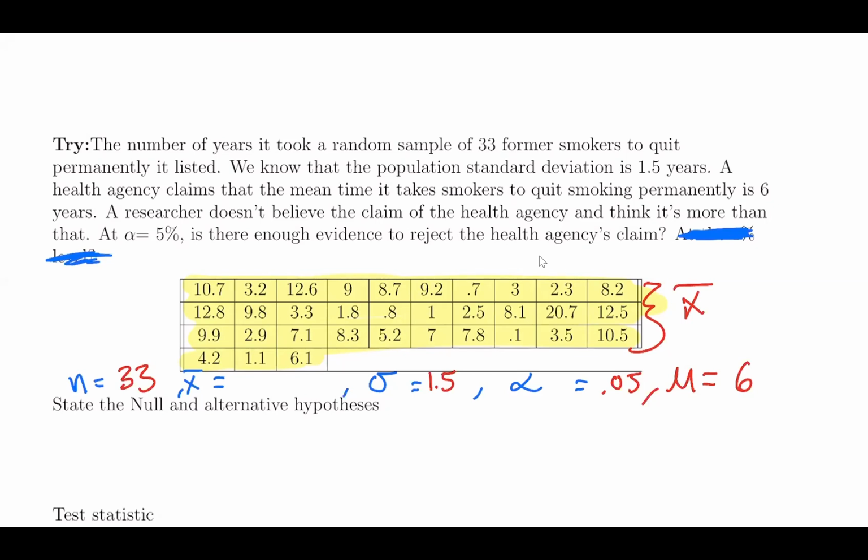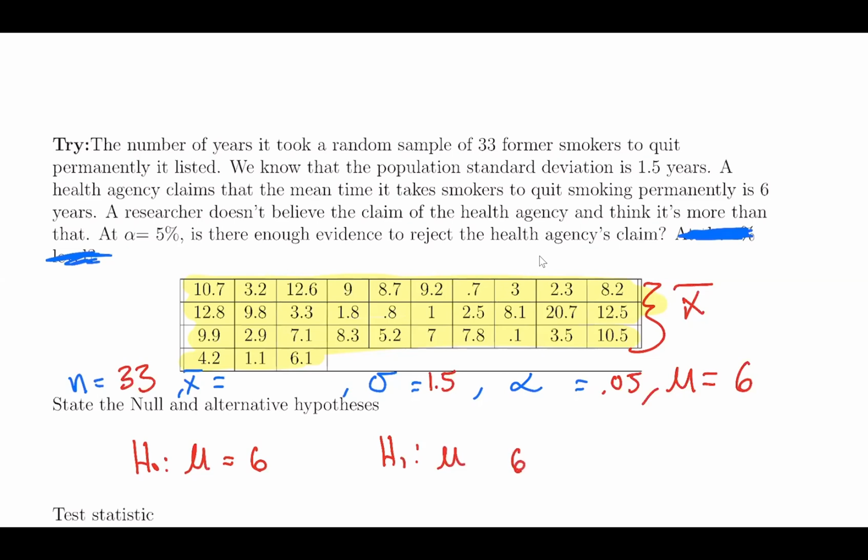All right. So let's do the null hypothesis and the alternate hypothesis. For the null hypothesis, we're going to say we believe their claim, that it takes on average 6 years to quit smoking. We're going to believe this program could help them quit smoking in 6 years. But the alternate hypothesis is going to state the opposite.